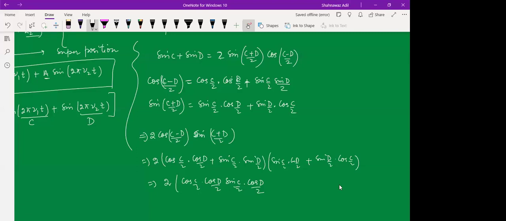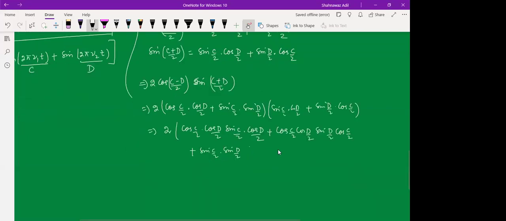And then sin(D/2) cos(C/2). And then what do we have? We have sin(D/2), sin(D/2), sin(C/2), cos(D/2), plus sin(D/2) and cos(C/2). So we have this long term.